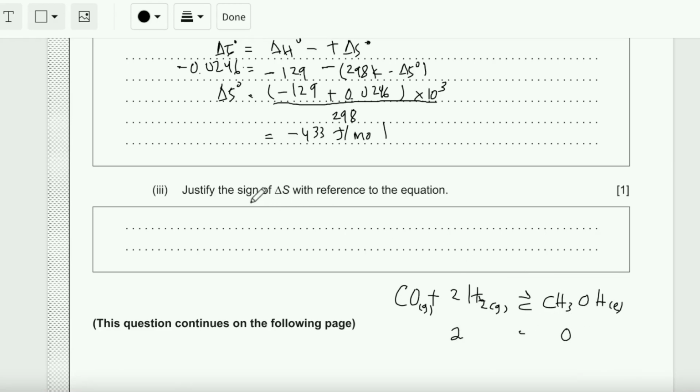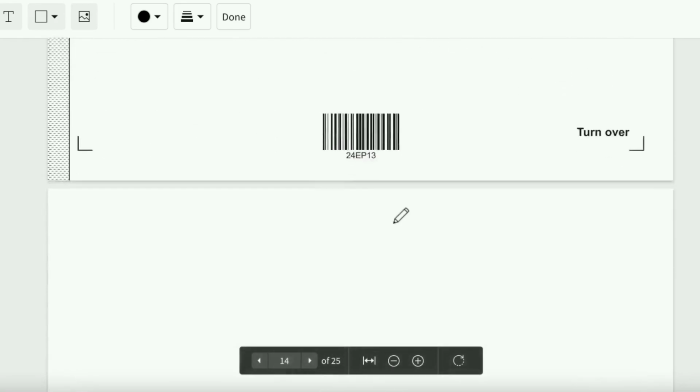So the product has no gas. Therefore, the entropy is negative, as there are fewer moles of gas in the product. If the moles of gas in the product is bigger compared to the reactant, then delta S will be positive.